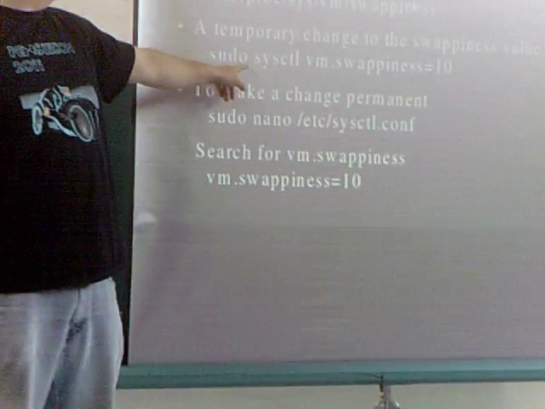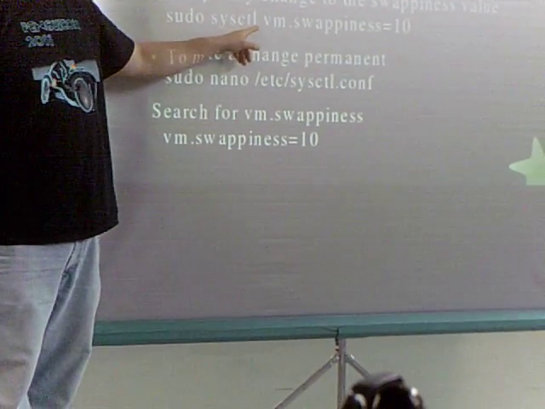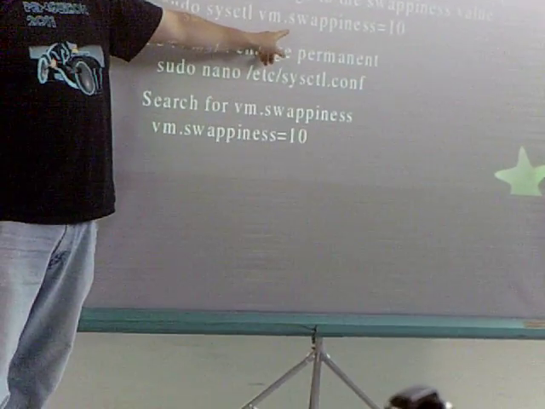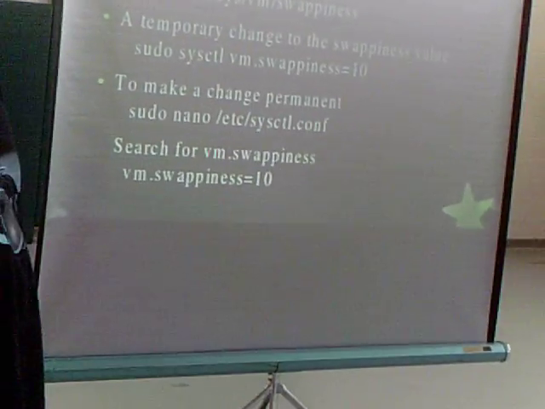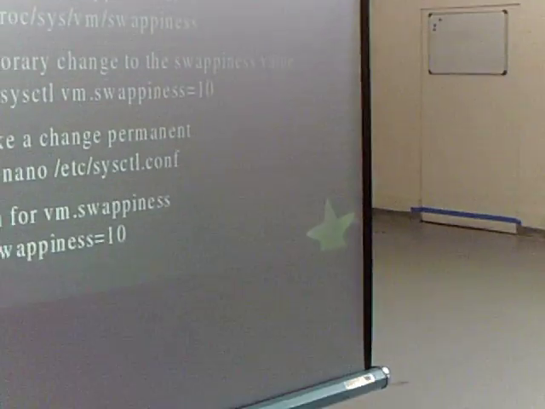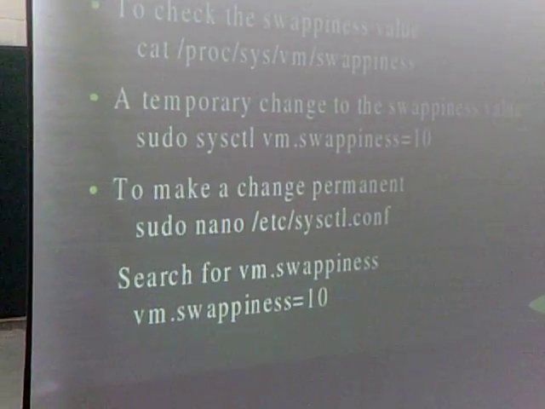Sudo space sysctl space vm.swappiness equals 10. That's just temporary. Okay. So that worked for me too.